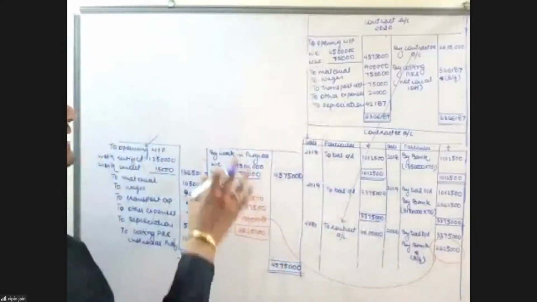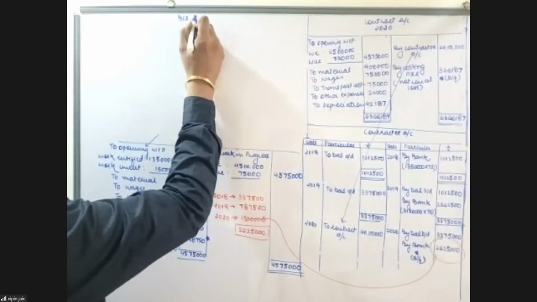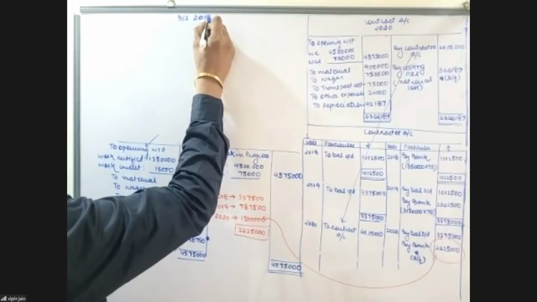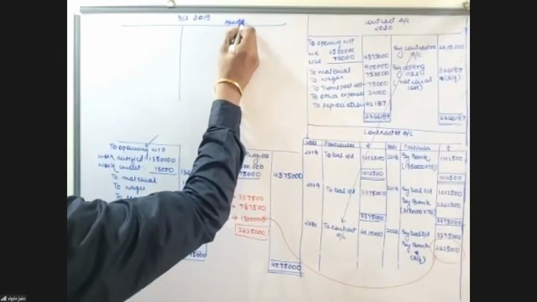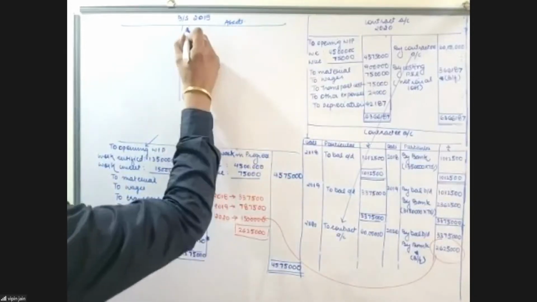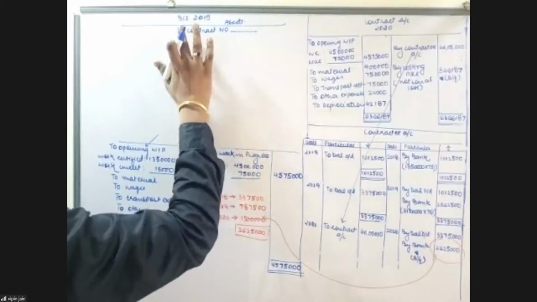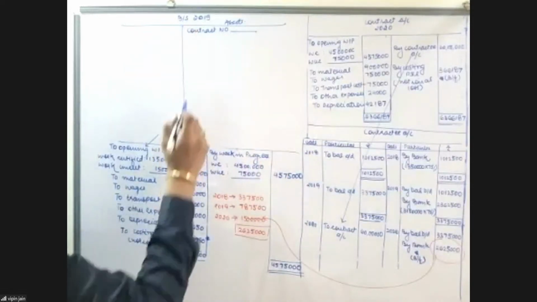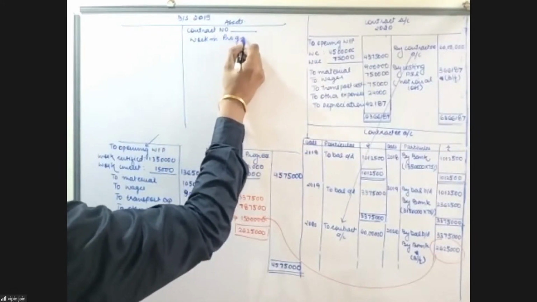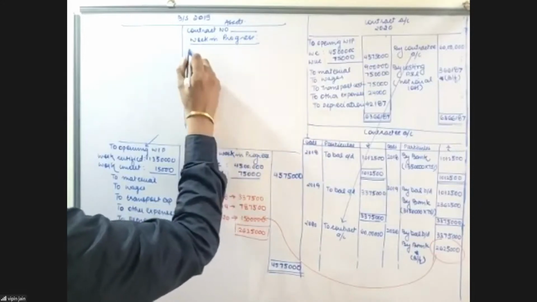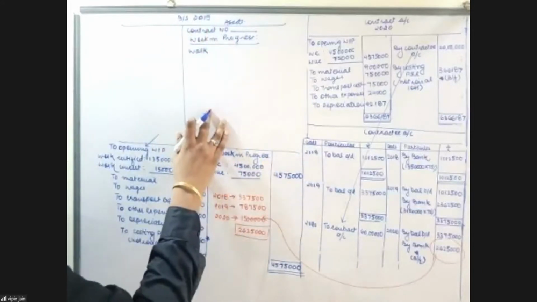So when talking about the presentation in balance sheet, let's say I'm presenting the balance sheet of 2019. When talking about the asset side, contract number, thereafter work in progress. I'm showing the presentation in balance sheet of the year 2019.